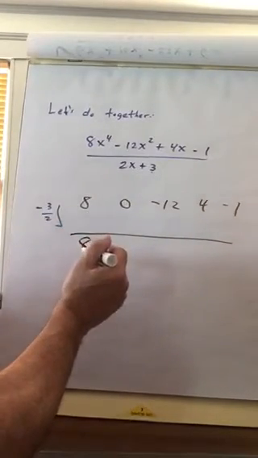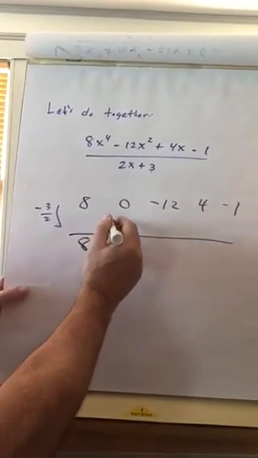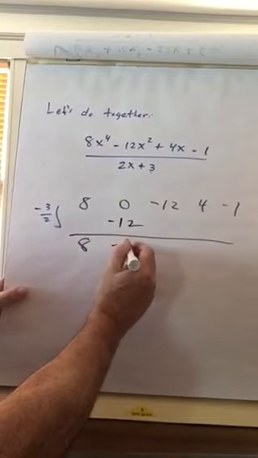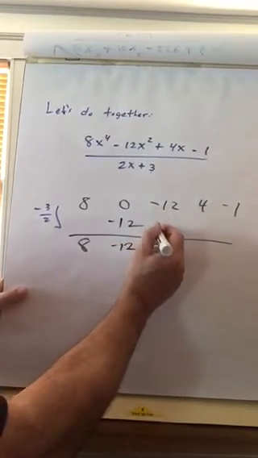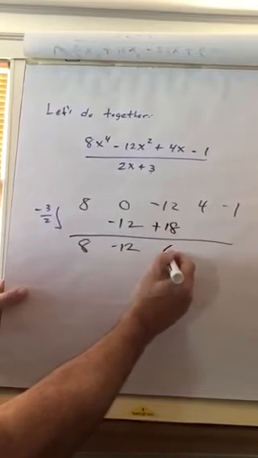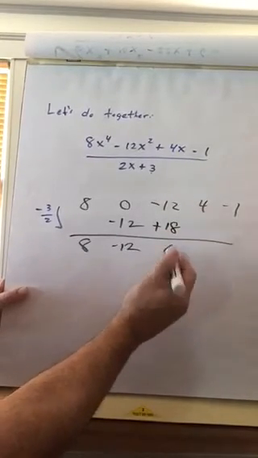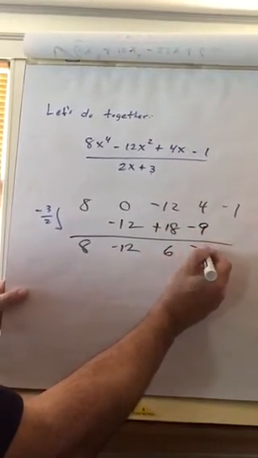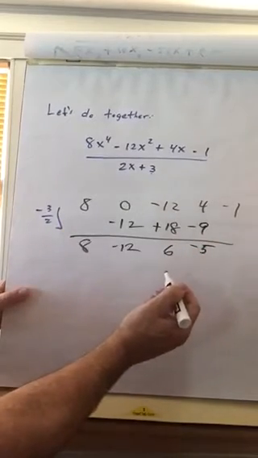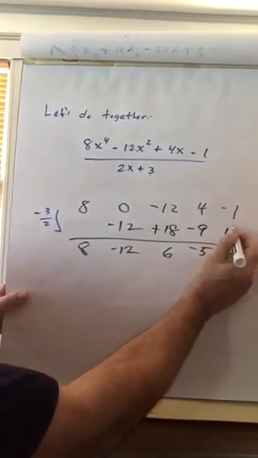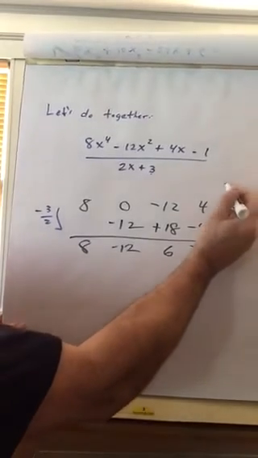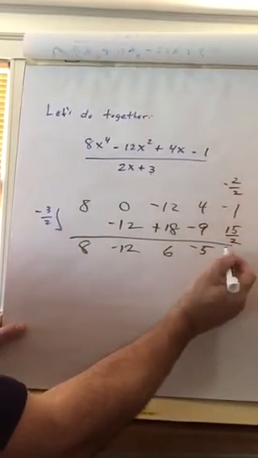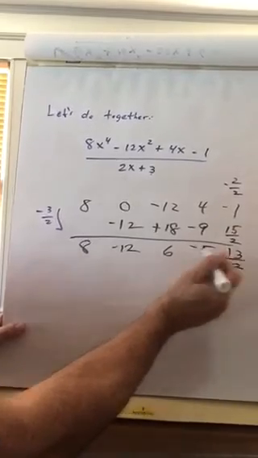Negative 3 over 2 times 8 is negative 12. Add, negative 12. Multiply, positive 18. And add, we get 6. Multiply, negative 9. Add, we get negative 5. Multiply, we get plus 15 over 2. Plus 15 over 2 minus 1, minus 1 is negative 2 over 2. I think our remainder is 13 over 2.